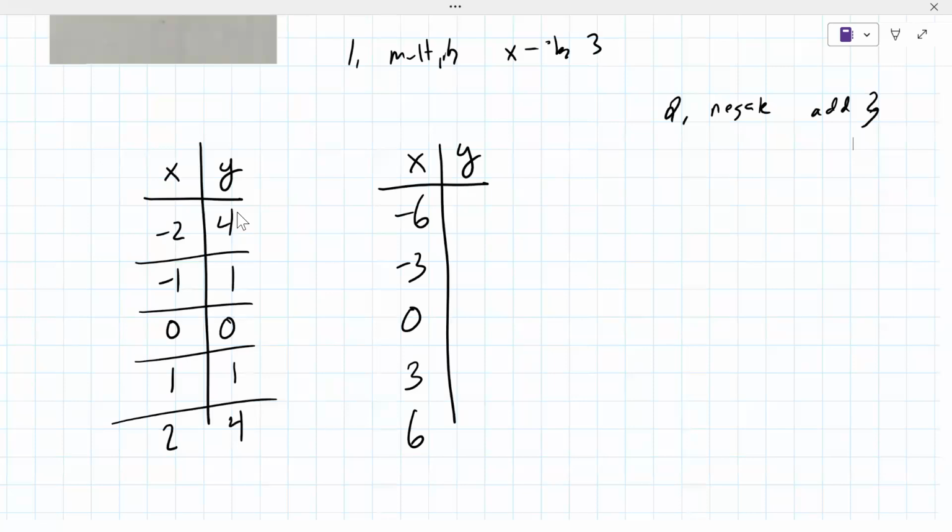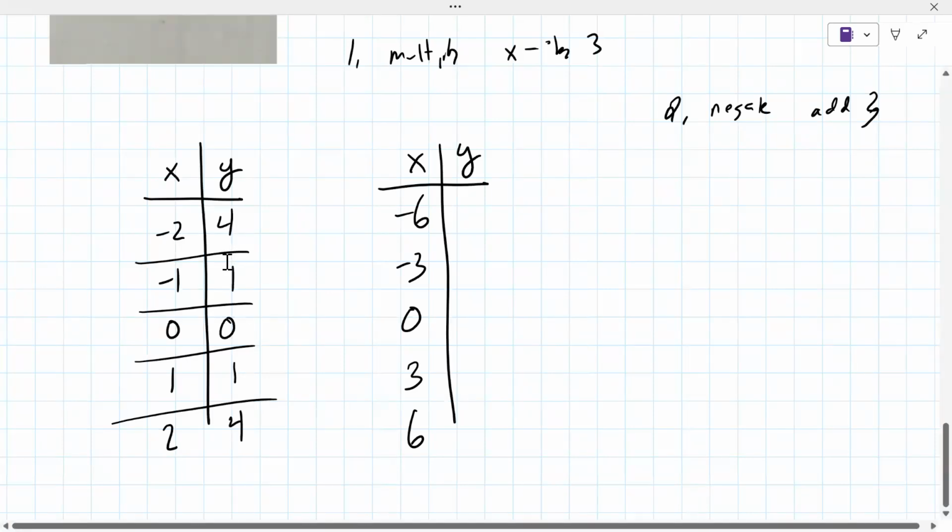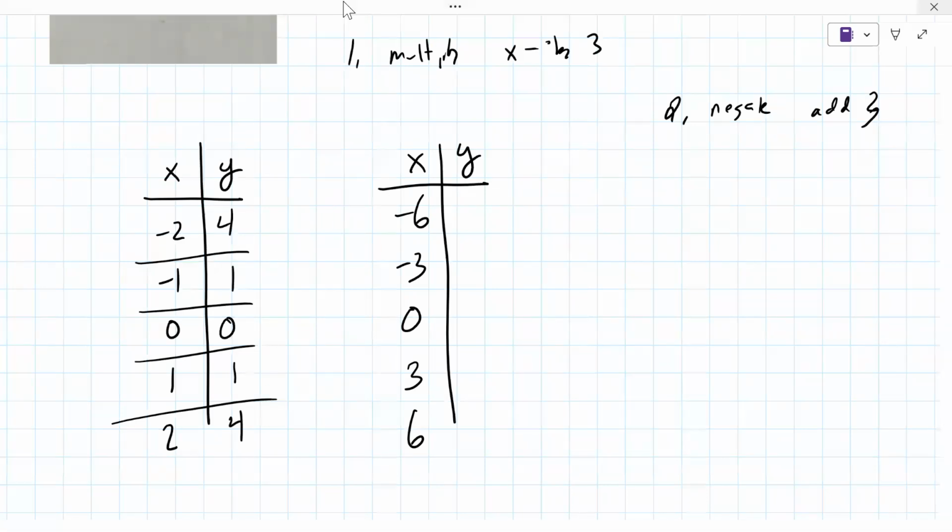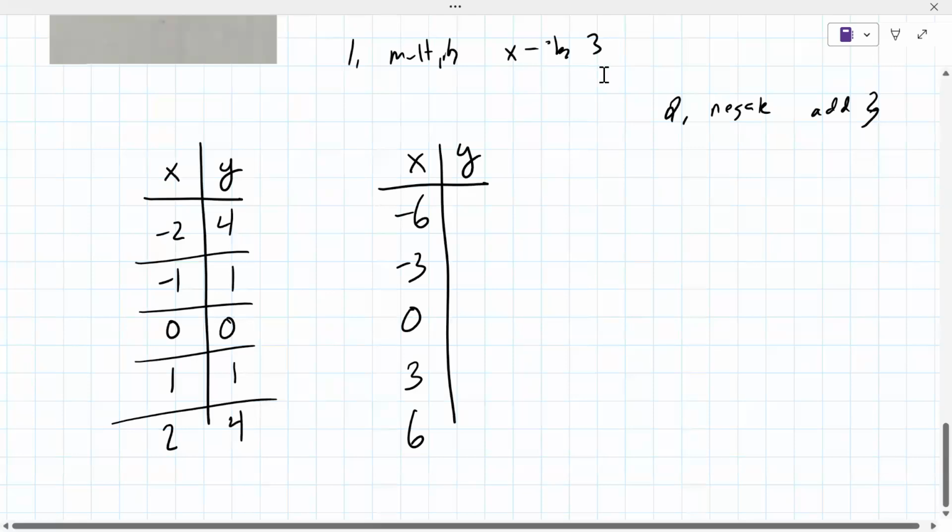Okay. -6. So I should add -6 plus 3. That is not what I said. What do you remember about what I said? Multiply by 3. No, we already did that. We're going to take each y value.